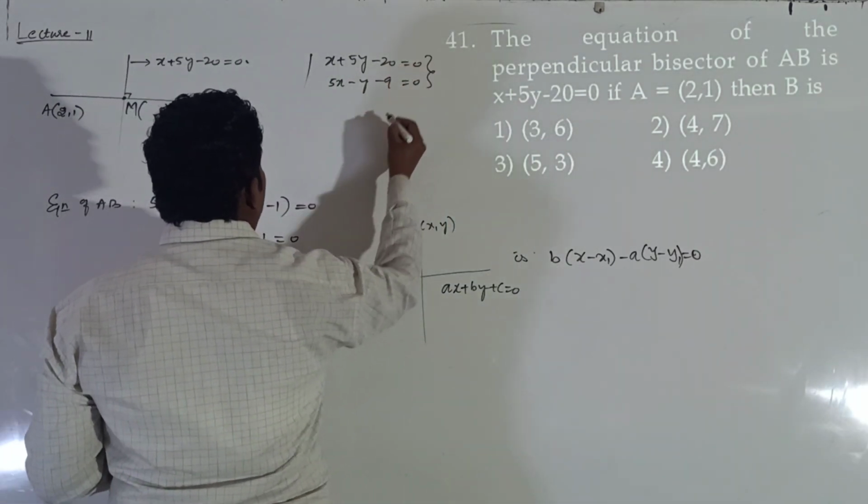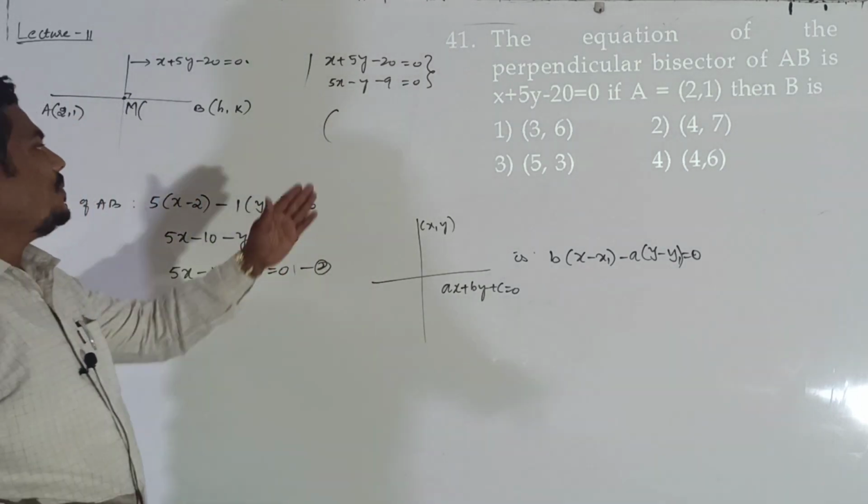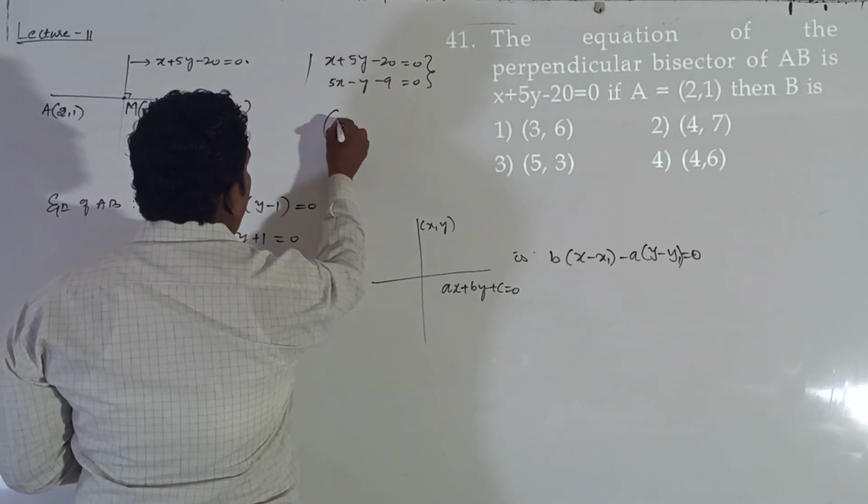Then just by using the shortcut formula, what is the point of intersection? M coordinates.